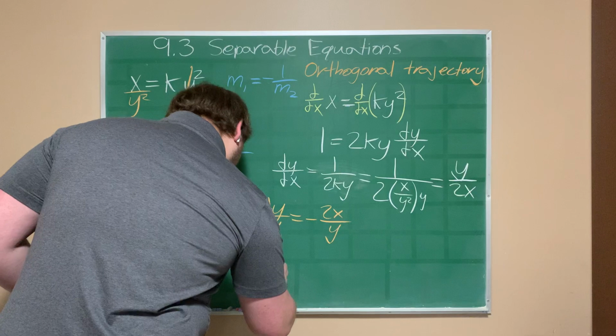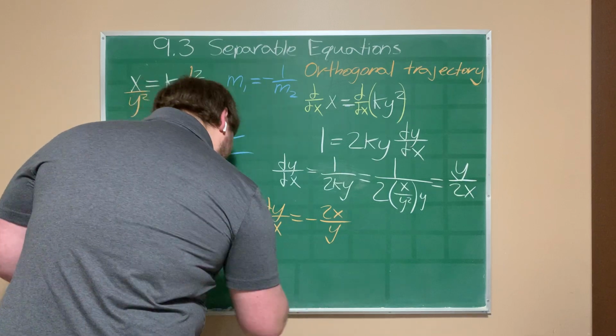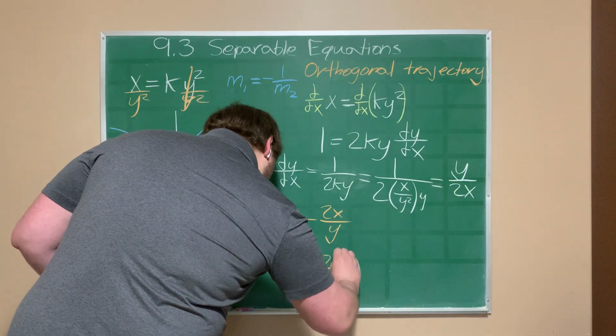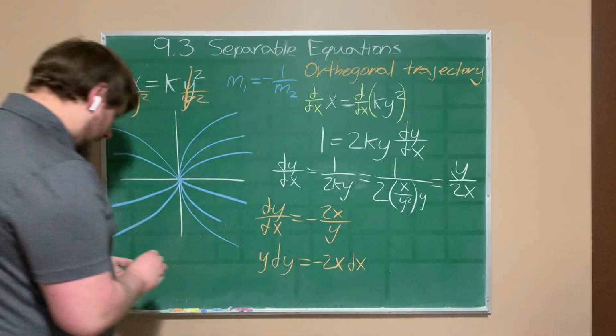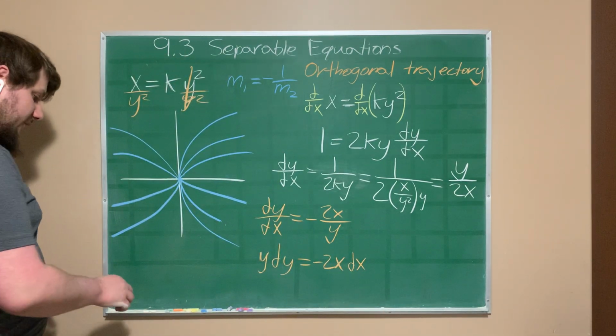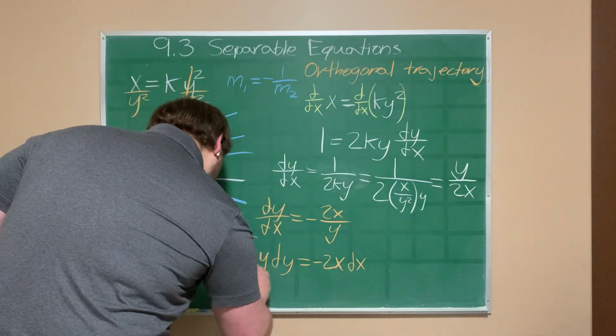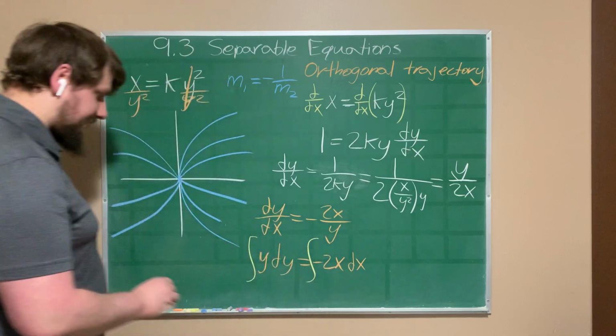So when we do that, we're going to have the equation y dy equals negative 2x dx. And so now we can apply a derivative on both sides. Or sorry, an antiderivative. We can take an antiderivative on both sides.